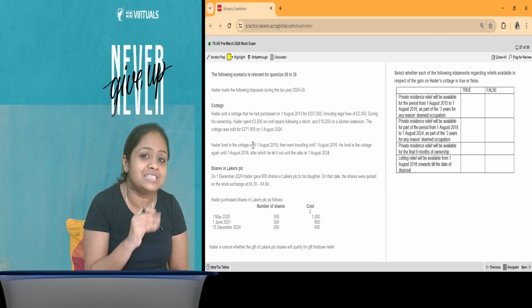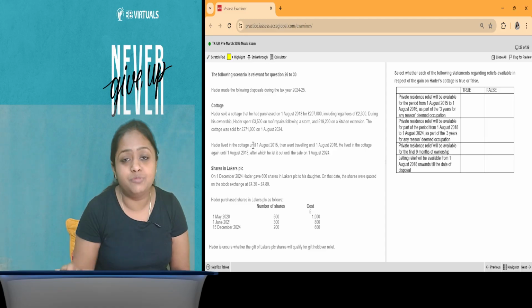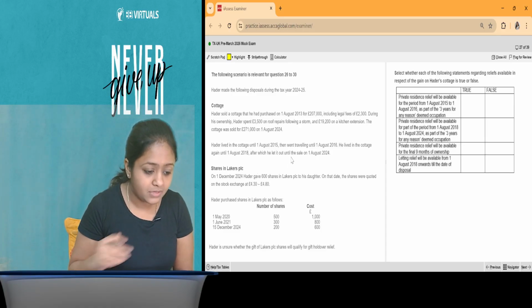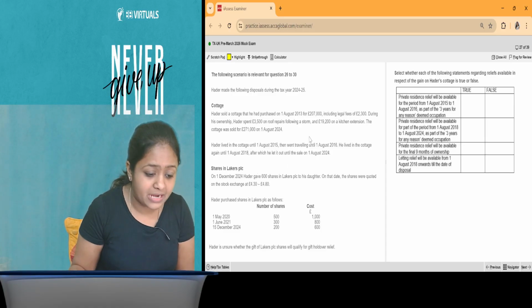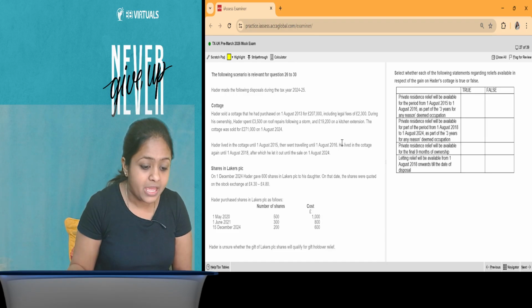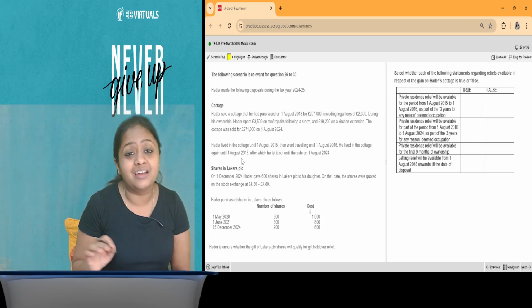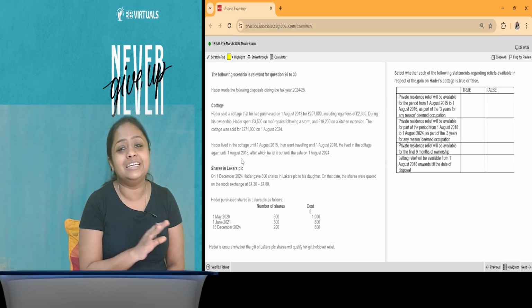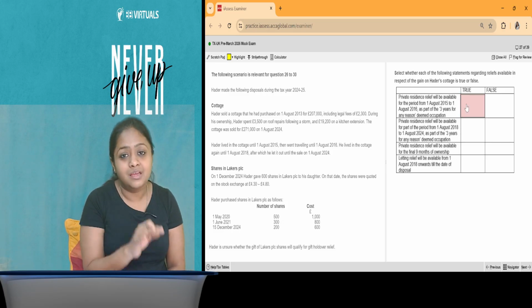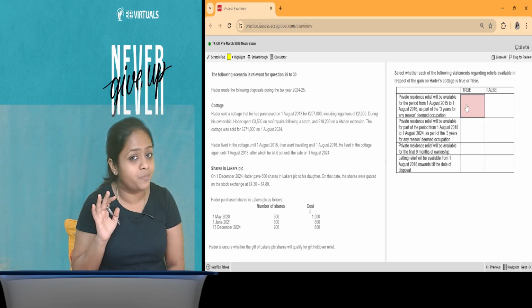So let's see if it is there or not. Only then is the deemed occupation criteria met here. Now, traveling until 1st August 16, this is the period that is asked in the question. He lived in the cottage again until August 18, so my criteria are met. Hence it is true. We can claim any other absence as deemed occupation.